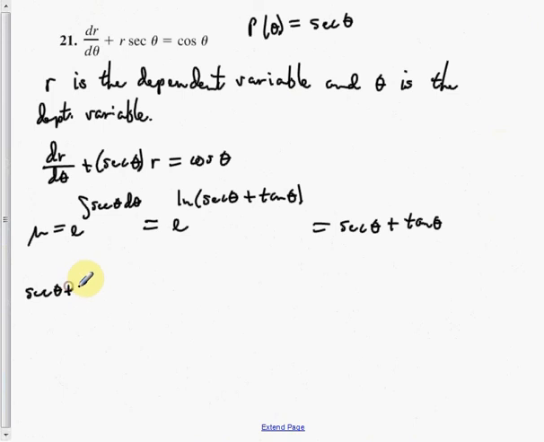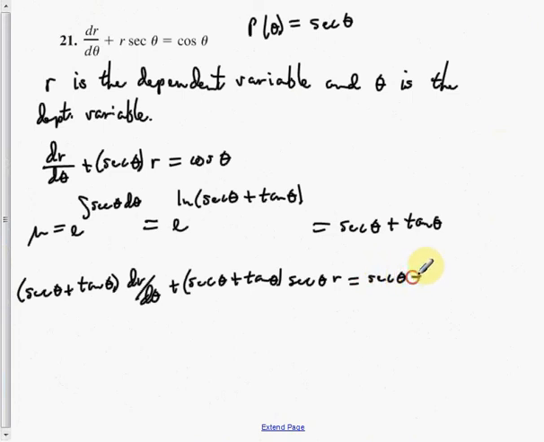So secant theta plus tan theta times dr over d theta plus secant theta plus tan theta times secant theta times r is equal to secant theta plus tan theta times cosine theta.